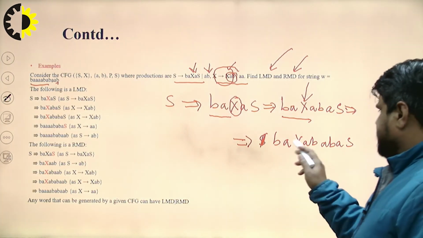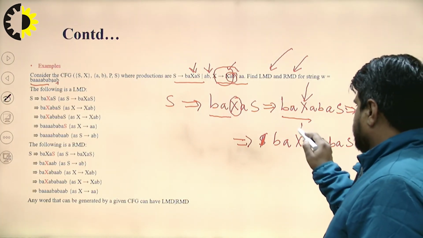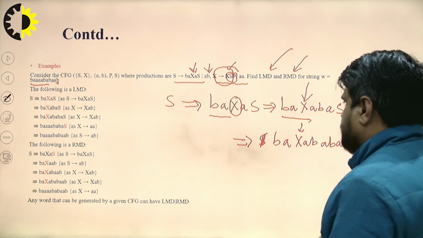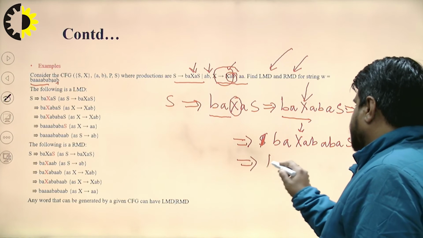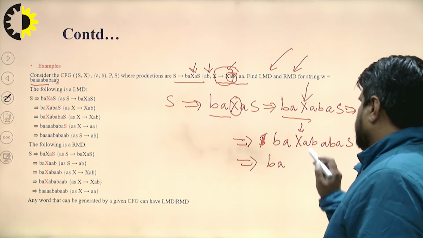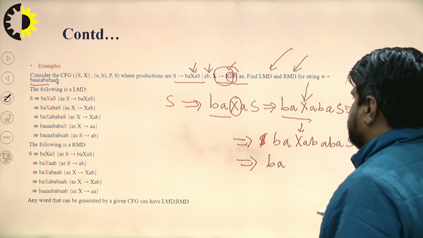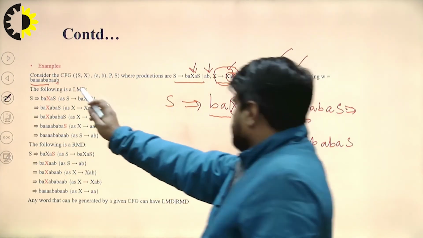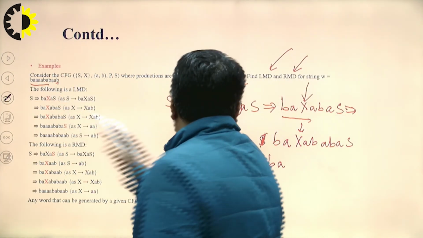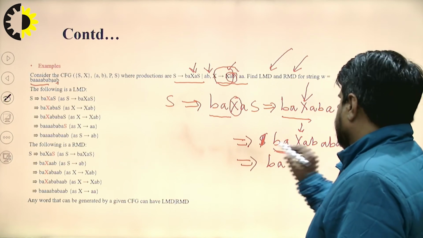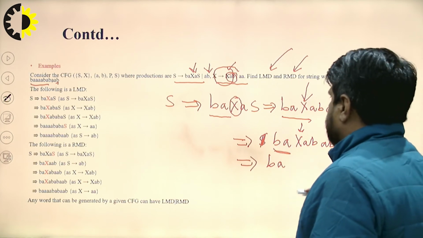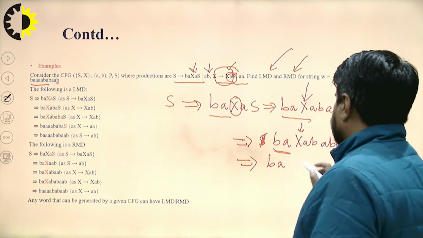Once again you can see this X is encountered. So this X gets replaced. From which value does it get replaced? You can also memorize the strings here. I will get B A, B A, and we will require A A next.